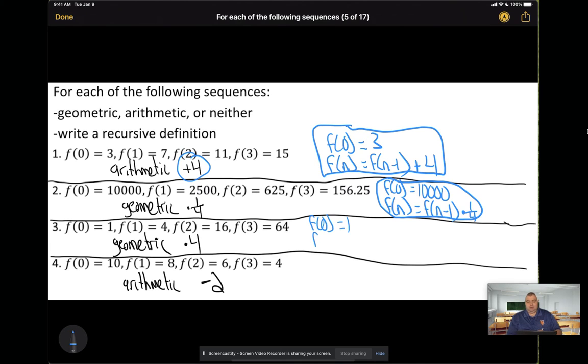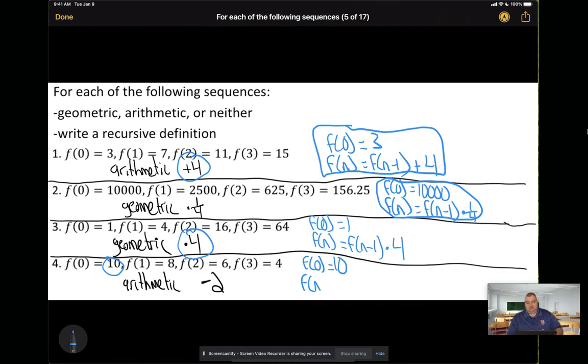And f of n equals f of n minus 1, and my pattern is to multiply by 4, so times 4. And then the last one, my f of 0 is going to be 10. That's my starting term.